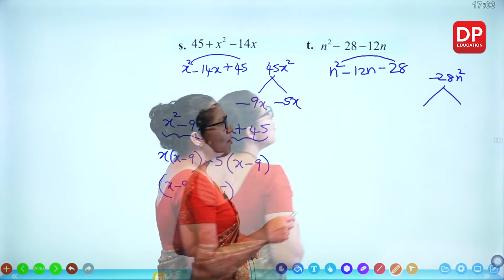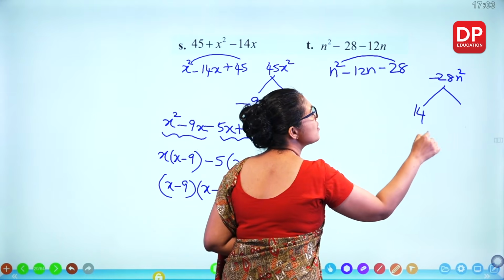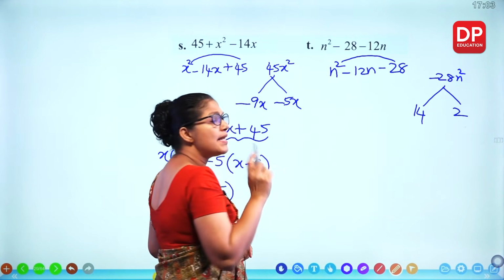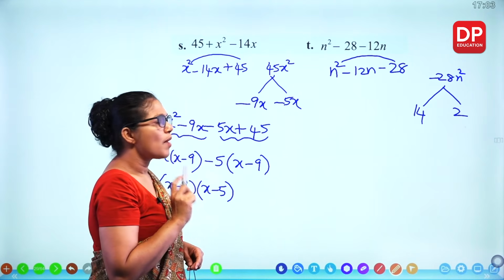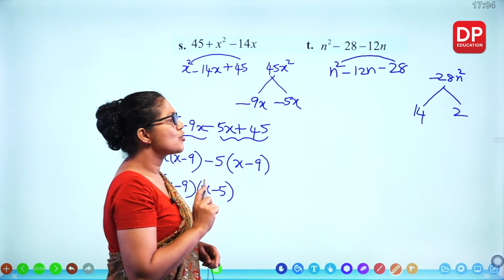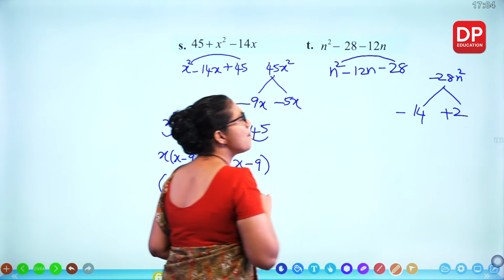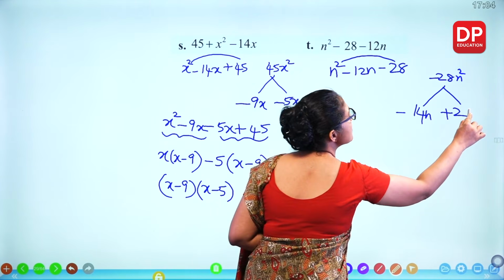Factors are 14 and 2. But the middle term is negative, so one should be negative and one should be positive and the bigger number should be negative. So here you get minus 14 and plus 2 as the factors.